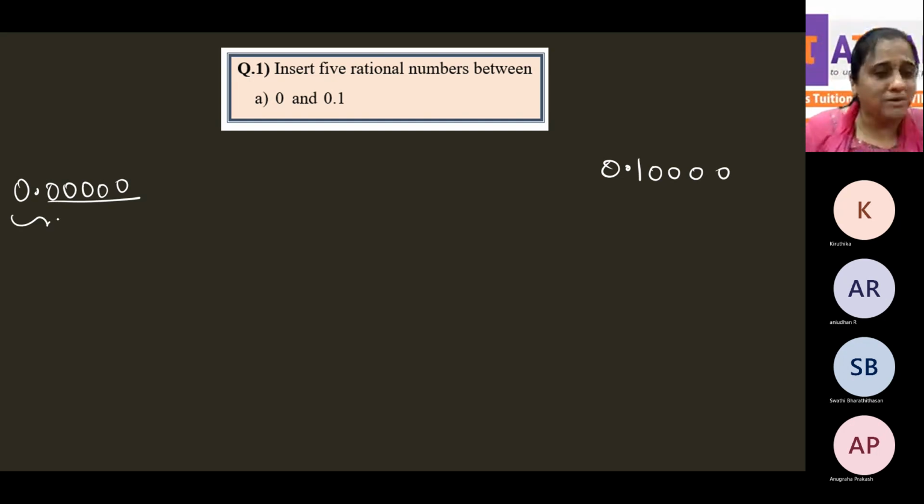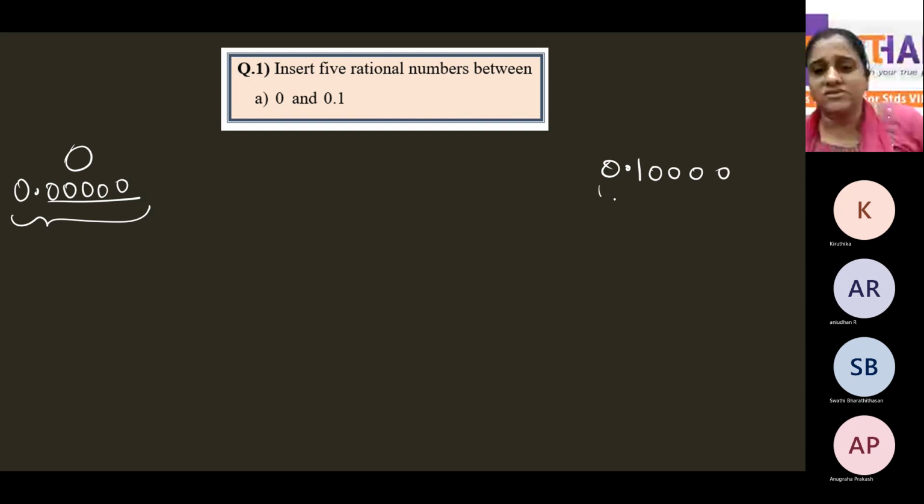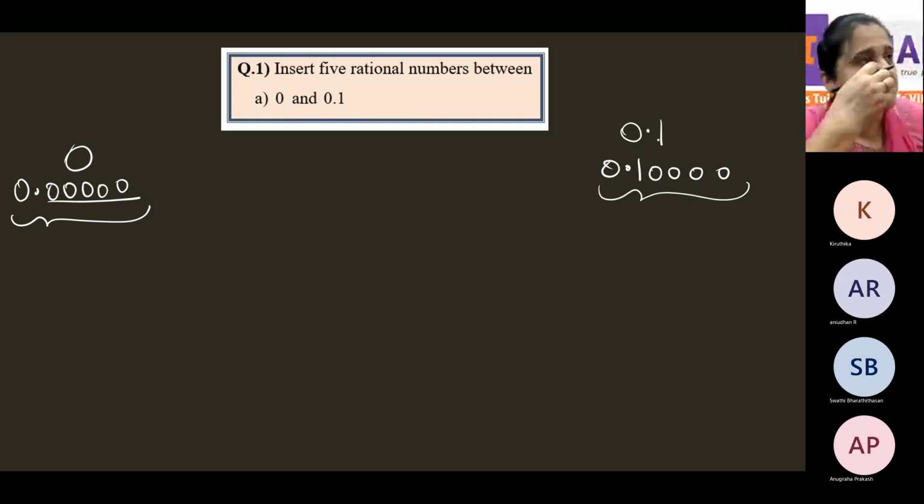This is nothing but 0, and this is nothing but 0.1. We are not changing the value of 0 and 0.1. Are we changing the value? No. We are just widening the space so that we can see that there are infinitely many rationals between these two rationals.